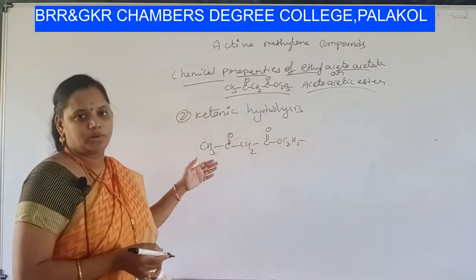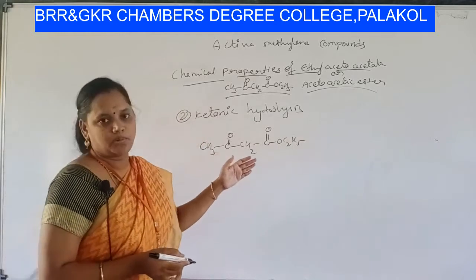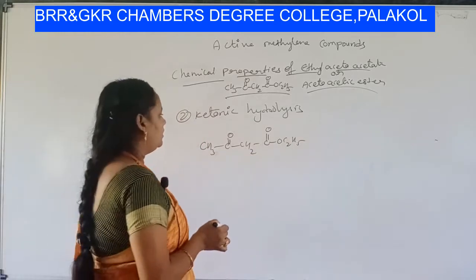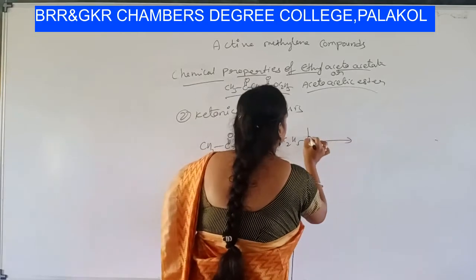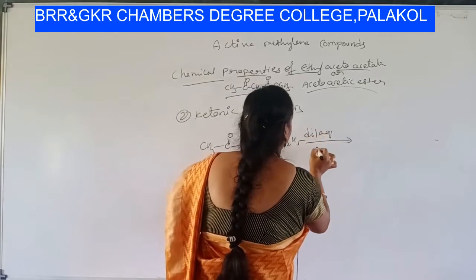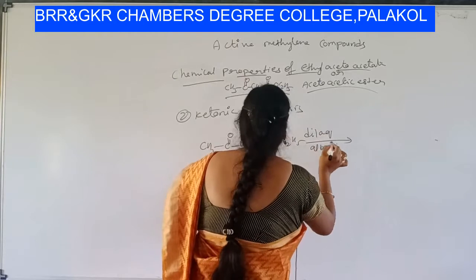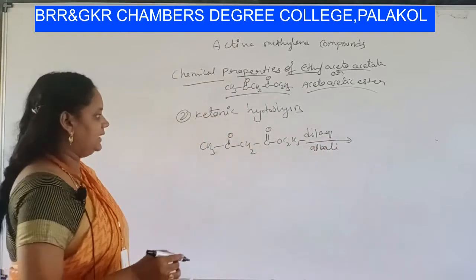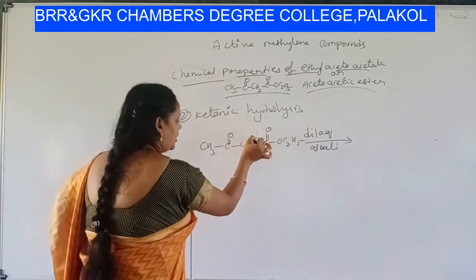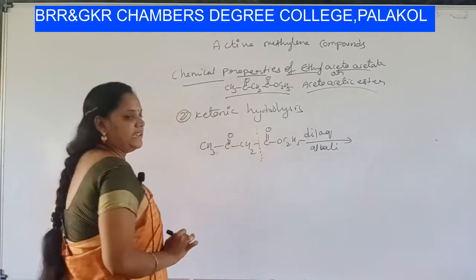CH3 C double bond O, CH2 C double bond O, OC2H5. Okay, this is done in the presence of dilute aqueous alkali. The bond will be ionized here, students, cleaved here.